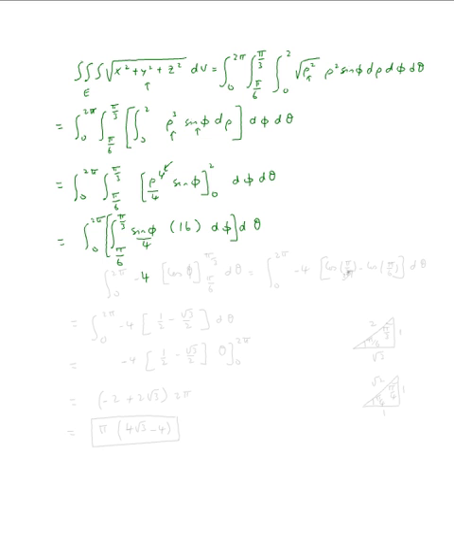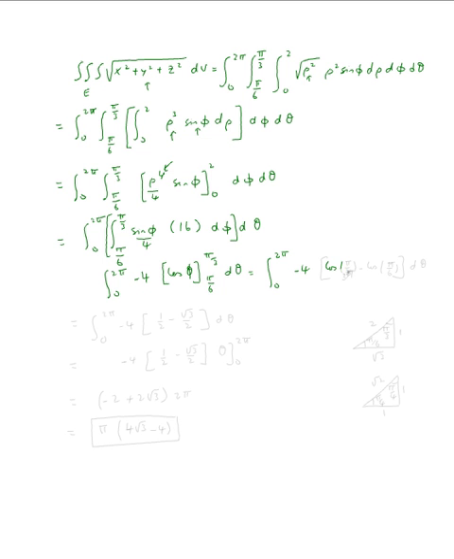And integral of sine phi is minus cosine phi, so I'm going to put a minus here, and I want my cosine phi to be between pi over 6 and pi over 3. Alright, now I'm going to go from 0 to 2 pi minus 4.